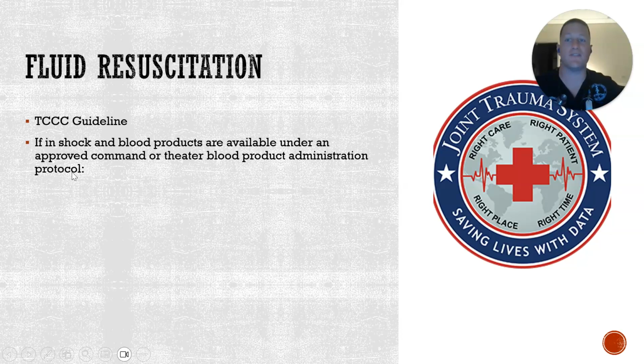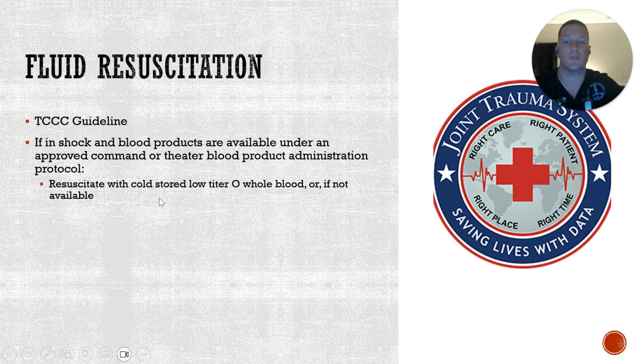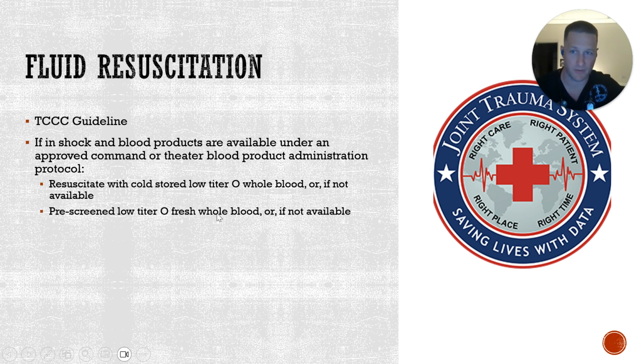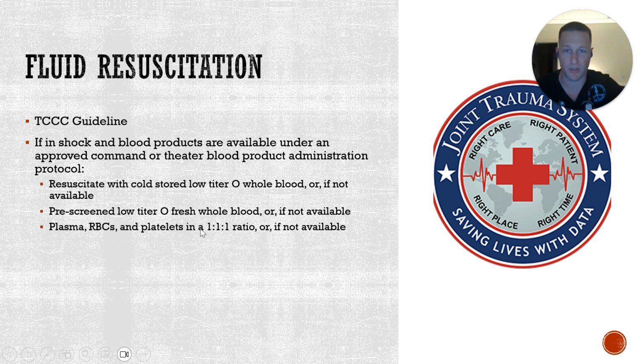Cool. If they are in shock and blood products are available under an approved command or theater blood product administration protocol, every theater is different, every commander is different, follow your rules. Give them cold, stored, low titer O whole blood. It basically says the same thing over. The pre-screened low titer fresh whole blood. Or if it's not available, 1:1:1 plasma, RBCs and platelets. Or if not available, same thing.